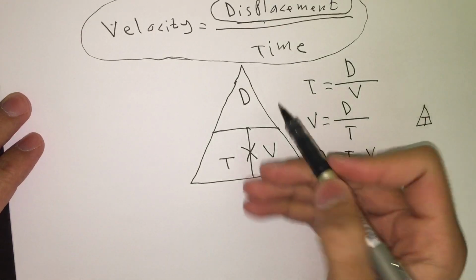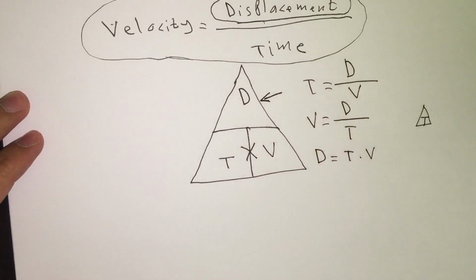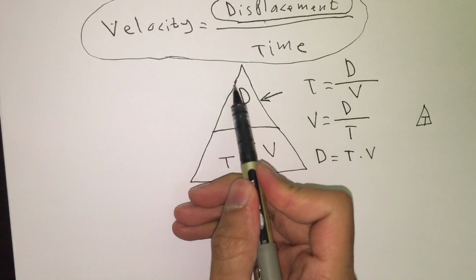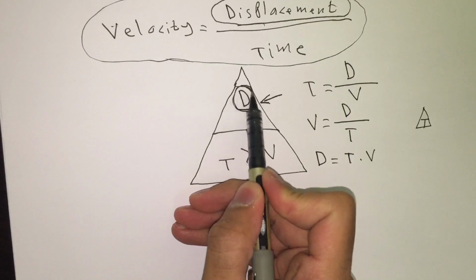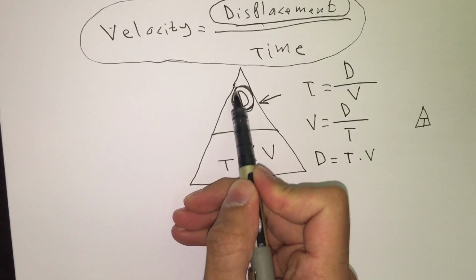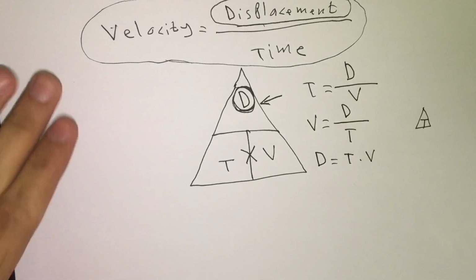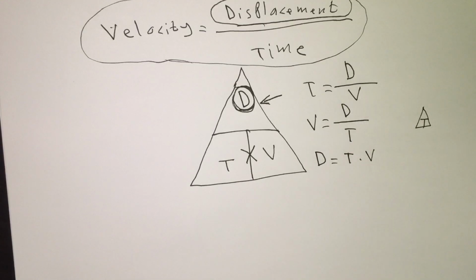Once you remember the value that goes on top of your triangle, the rest is relatively simple. This is a very basic, very simple equation.